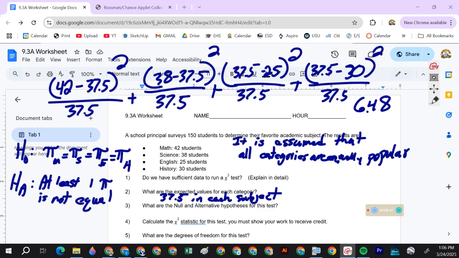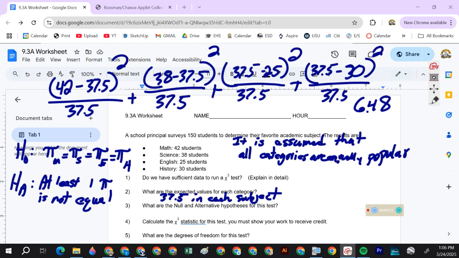So if the null is true, then 1/4 of the students should choose math. 150 divided by 4 is 37.5. It's actually going to be quite different on the next one. Every category is expected to get 37.5, but that's not always the case.